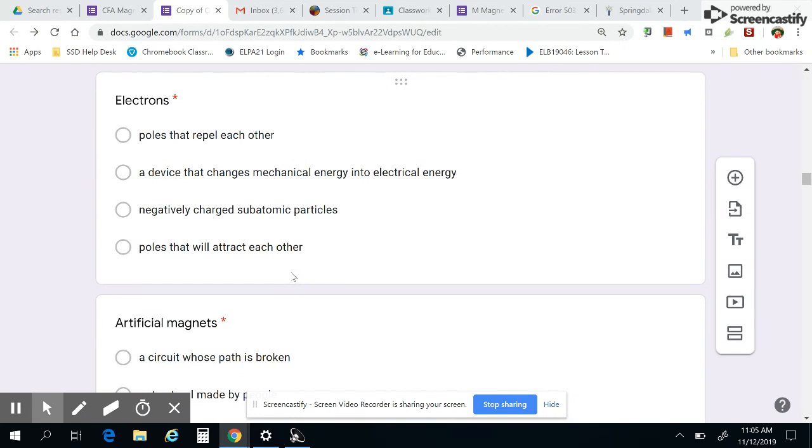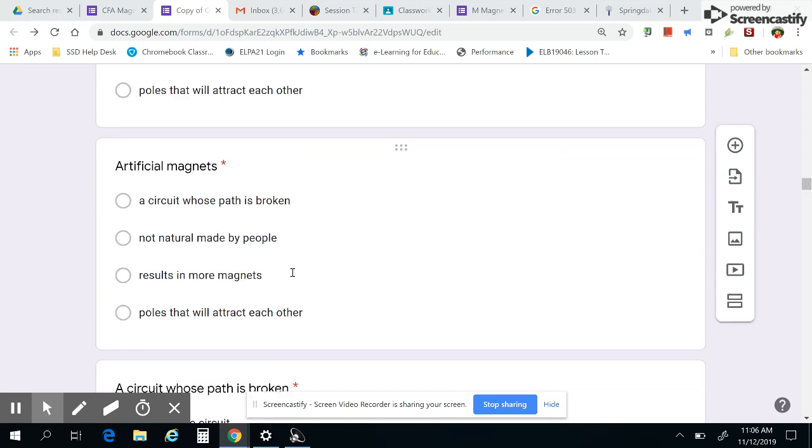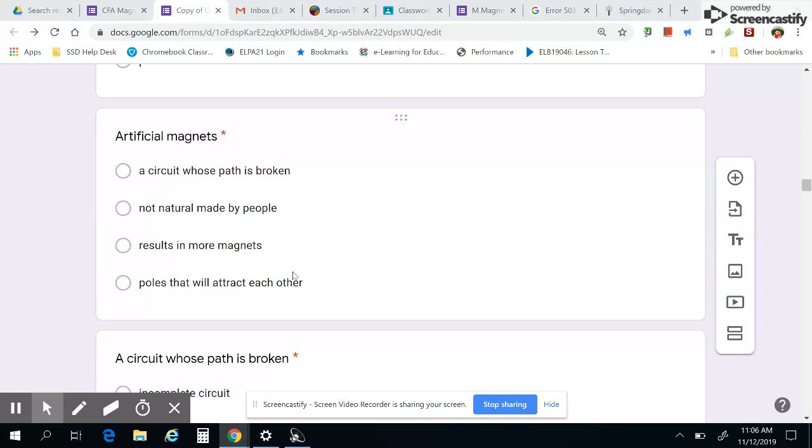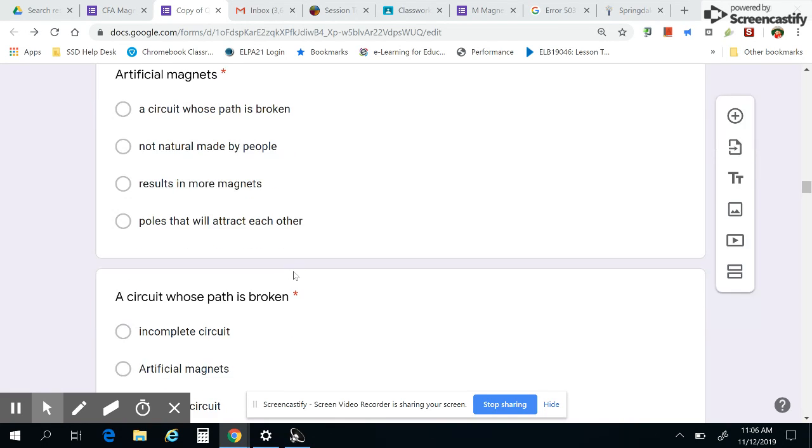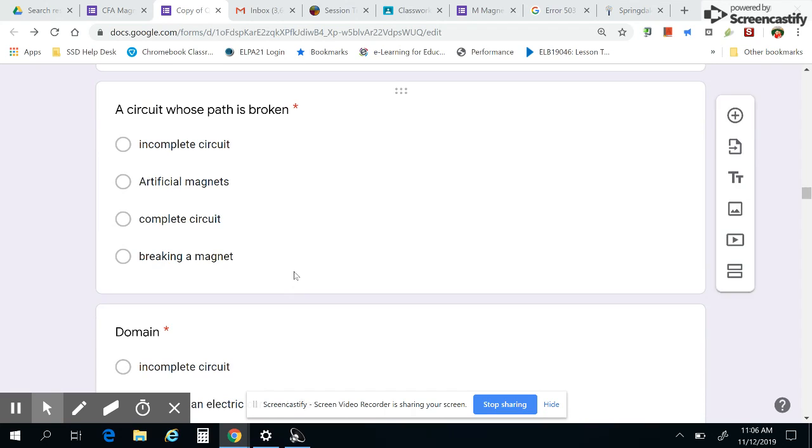Electrons. Holes that repel each other. A device that changes mechanical energy into electrical energy. Negatively charged subatomic particles. Poles that will attract each other. Artificial magnets. A circuit whose path is broken. Not natural, made by people, results in more magnets. Poles that will attract each other. A circuit whose path is broken.